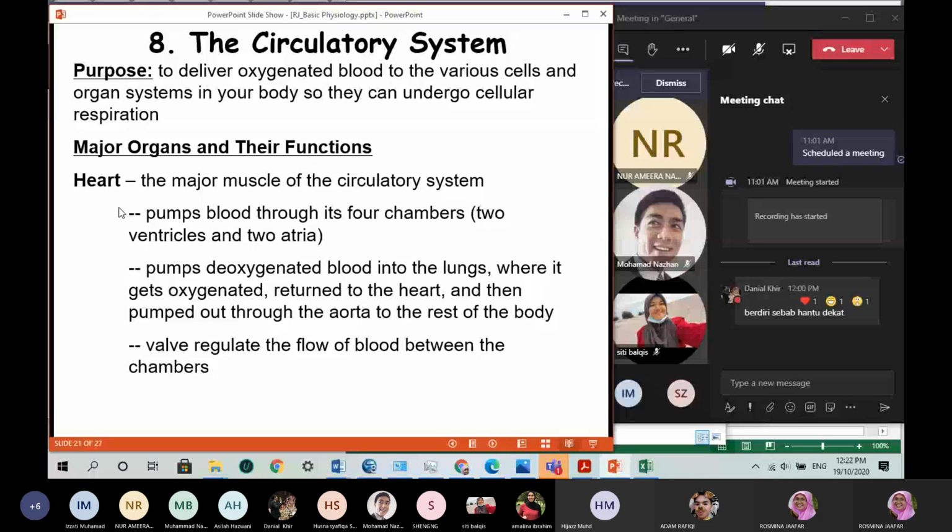And when you learn about the heart, you know the heart is actually a mechanical pump where it has a top part, a bottom part, and the muscles of the heart contract together.